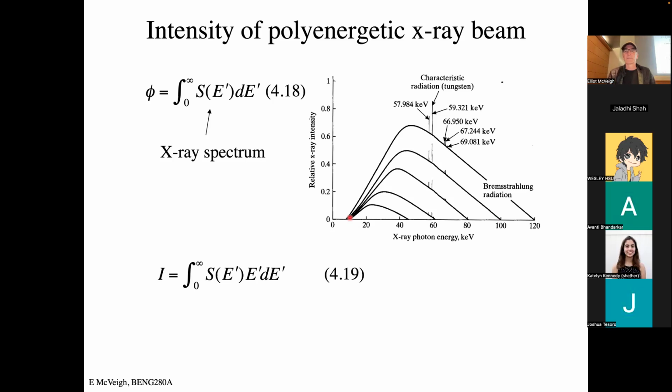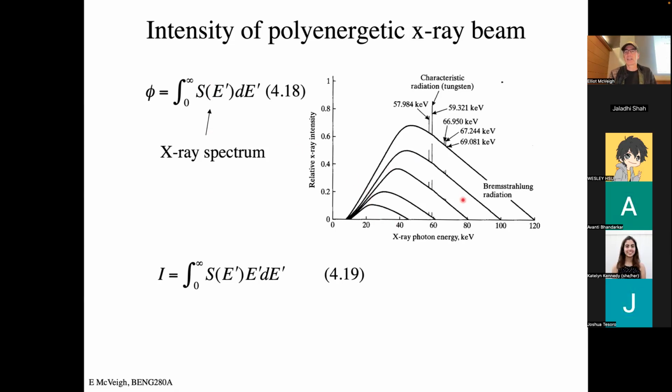Okay, so if you know what a probability density function is, this is like that. It's essentially the ratio of photons. And you can see this has a sort of a peak somewhere around 50 keV, something like that, right? In order to get the entire fluence, we can integrate all of the photons coming out at all energies. So this curve we're going to call S as a function of E, right? It's the relative numbers.